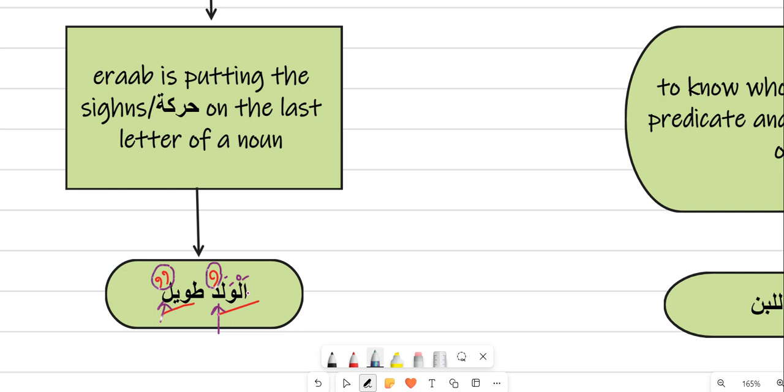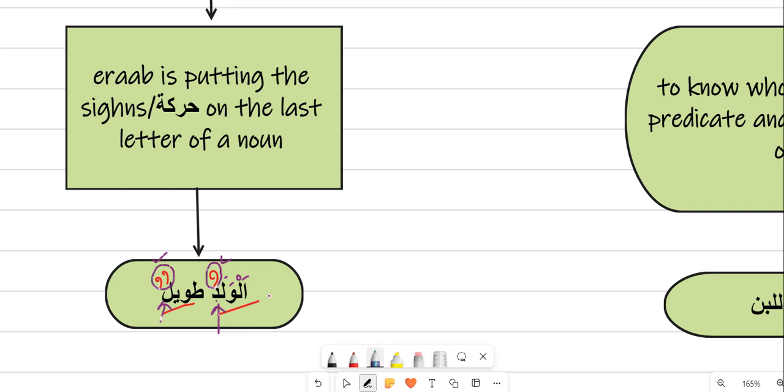That's how the more books you read, the more you read into grammar and lessons and sentences, you will catch up with the spellings, with the harakas. These harakas don't change. For example, the haraka of the lam at-tarif, the haraka of waw and lam, they don't change. But what changes is only the last letter. The last letter's haraka only changes every time it changes its position from one place to another. It changes in a sentence.